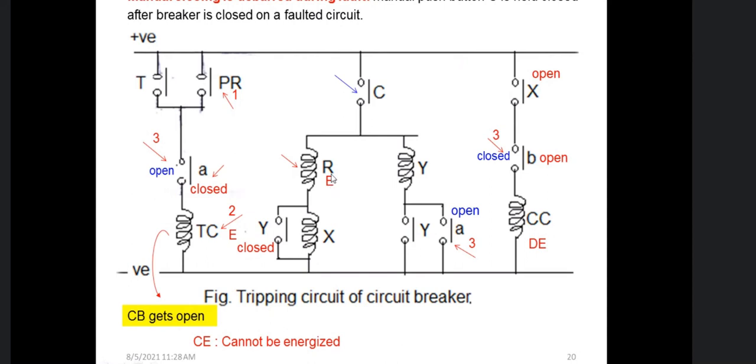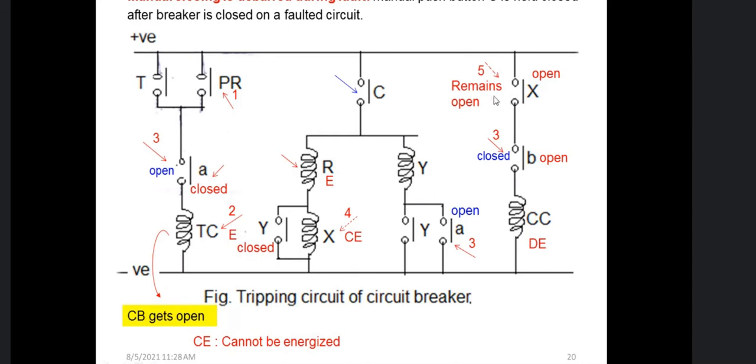And the relay coil is energized, meaning full voltage across it, the same voltage. So the same voltage is available here, then this voltage cannot come here. Two coils are there. Across one coil, the voltage equal to the applied voltage is available. Then the second coil will not get voltage. So this X coil cannot be energized, right? If the X coil cannot be energized, then X will remain open.